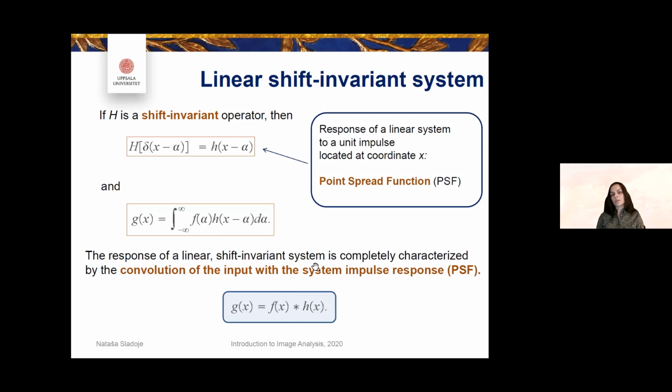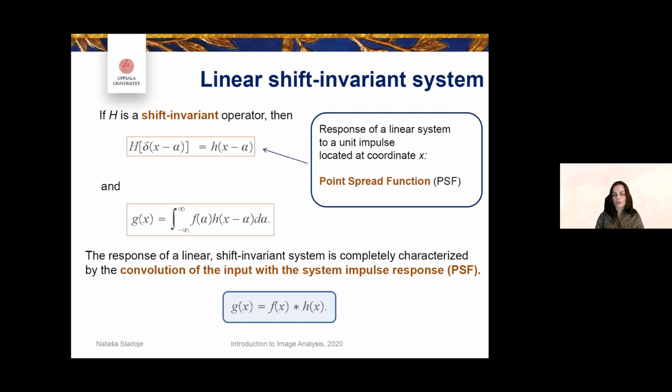That essentially means that when we want to model degradation, what we need to know is how that degradation acts on a single impulse. How does the image of a single impulse look when this imaging system, modeled by our degradation function, is used?